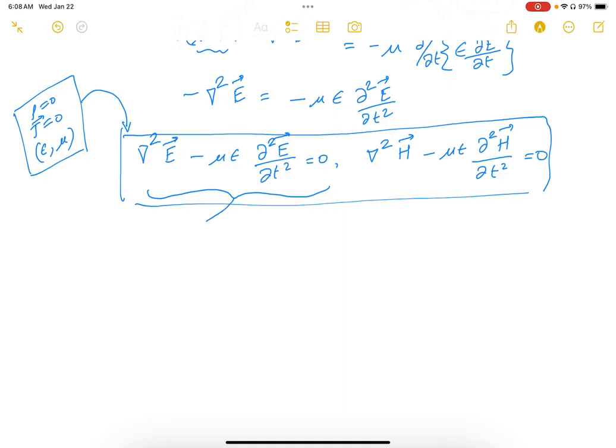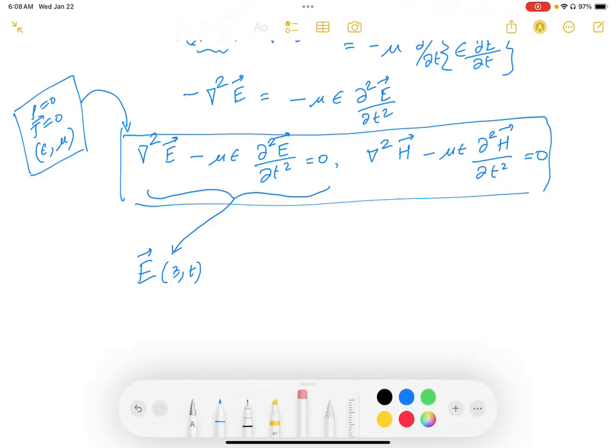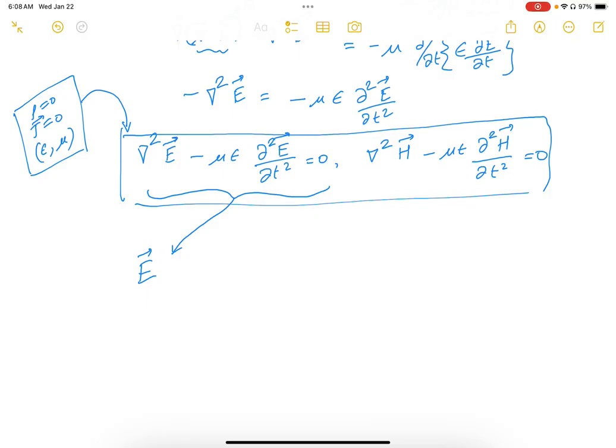Let's be more general here. No matter what the electric field is, it doesn't matter what shape it has, if you solve this equation in the region of space that I mentioned here, then the electric field at any position r and any time t will be some function of the wave vector k dot r minus omega t.